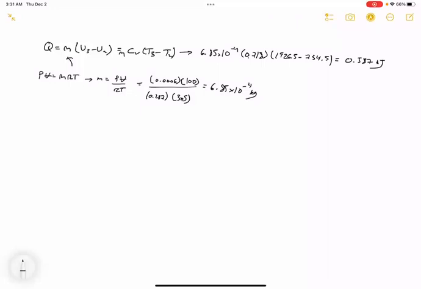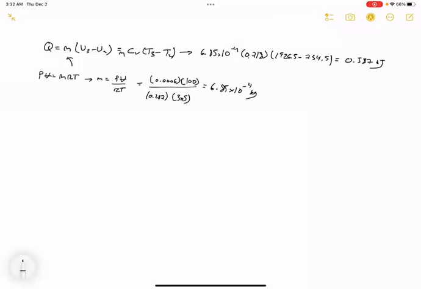If we want to find the heat rejected from the system, it's exactly the same thing, but instead of T3 minus T2, we're going to do T1 minus T4. T1 and T4 are both given in the problem statement.